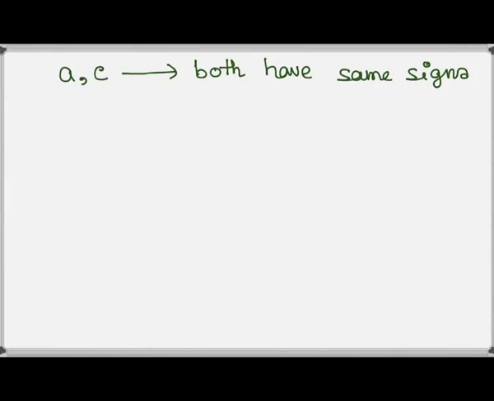That means we have a and c, both of them have same signs. Now we write what is our first equation, p(x) is equal to 0. So this is ax square plus c is equal to 0.